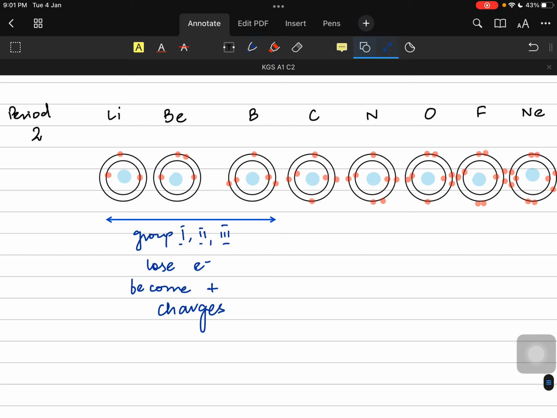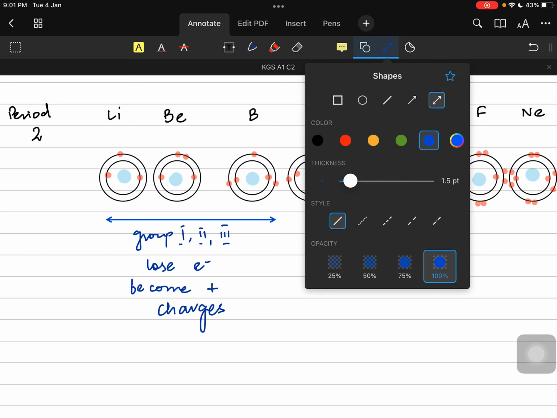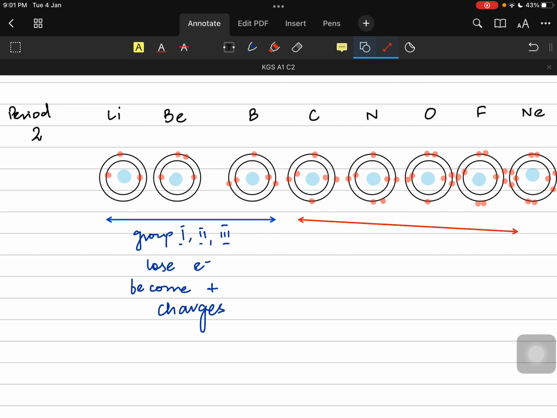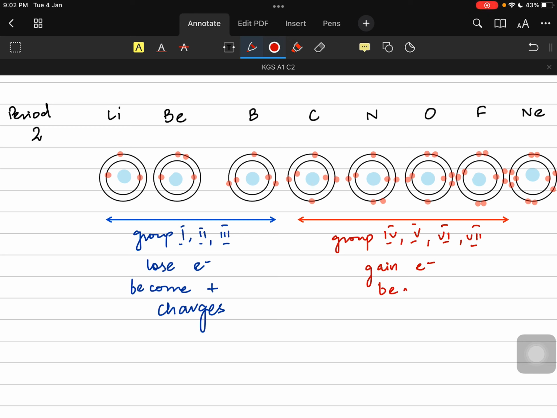When we talk about group numbers 4, 5, 6 and 7, they gain electrons and become negatively charged. Losing an electron gives you a positive charge, and gaining an electron gives you a negative charge.